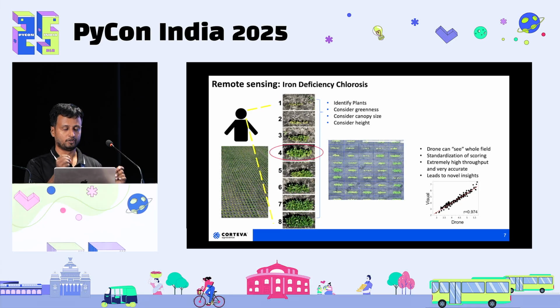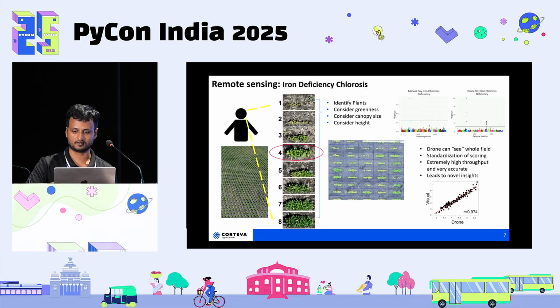So we do plant breeding to identify hybrid varieties that don't show this deficiency, so that you don't lose yield. Earlier, we were using manual data, but with images, we automated and collected AI-based data, and that resulted in us finding a few genes that were not possible to find with manual data, and that helped in providing better products to the market.